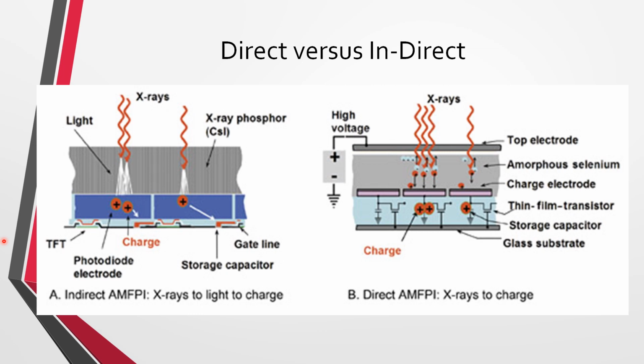This is a diagram here of direct versus indirect. So as we said before, the X-rays come in, and get converted to light, okay, and we know this phosphor would be just the capture element, right?